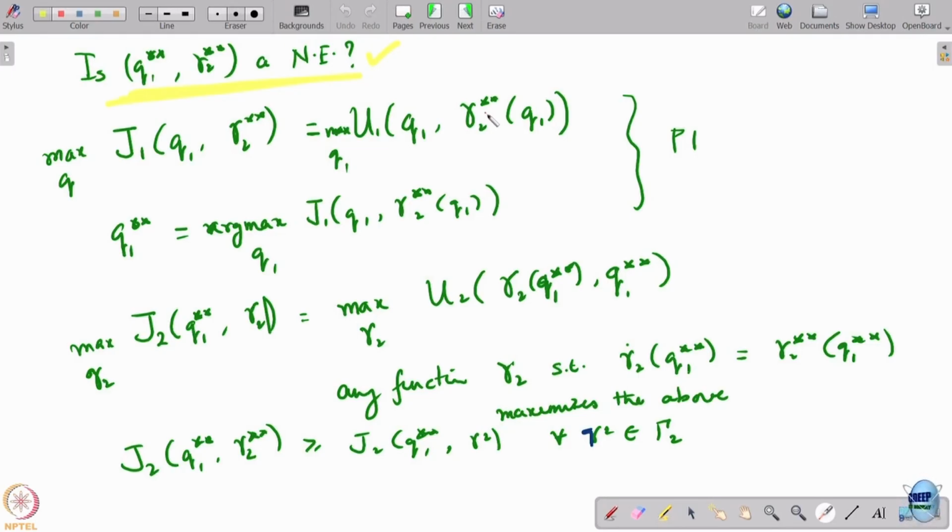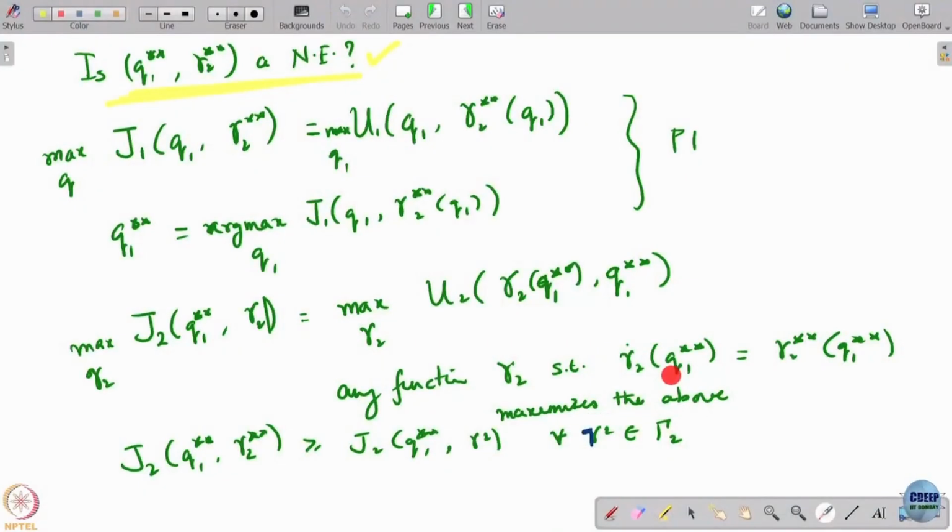Gamma 2 star star was a strategy which produced an optimal quantity in response to anything that player 1 produced. And then player 1 chose his quantity in response to this in particular. Is this clear? But in retrospect, with player 1 having played Q1 star star, player 2 could have played anything else, but then anything else would not have forced player 1 to play Q1 star star.